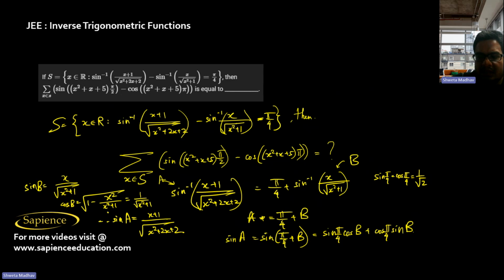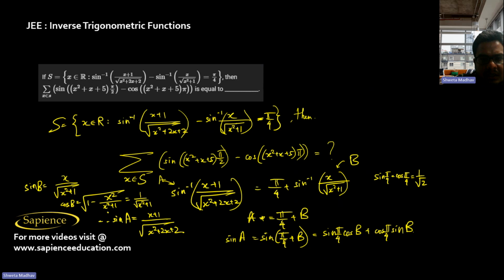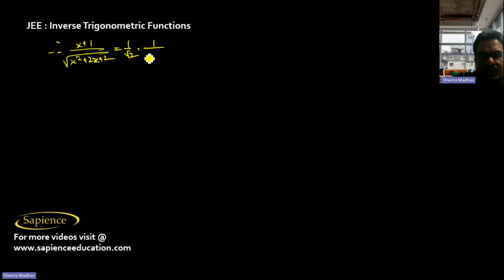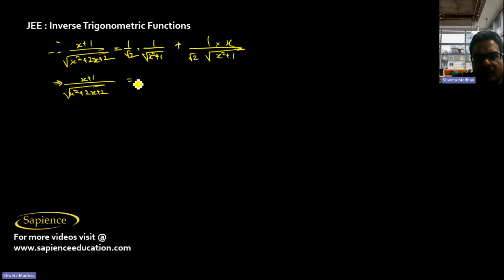So therefore x plus 1 by square root of x square plus 2x plus 2, which is sine A, will be equal to 1 by root 2 into cos B, which is 1 by root over x square plus 1, plus 1 by root 2 into x by square root of x square plus 1, since that is sine B. Then this will be x plus 1 by square root of x square plus 2x plus 2, equal to 1 by root 2 into x plus 1 by root over x square plus 1. This is the thing.